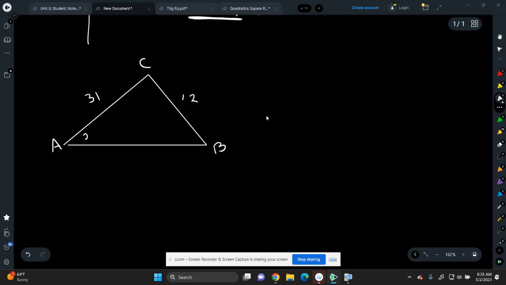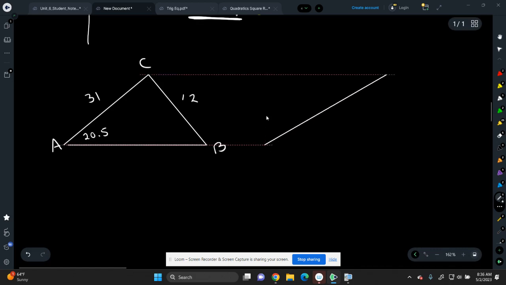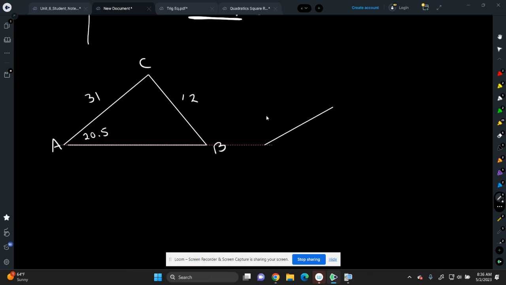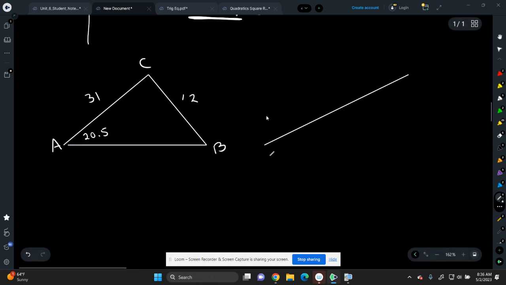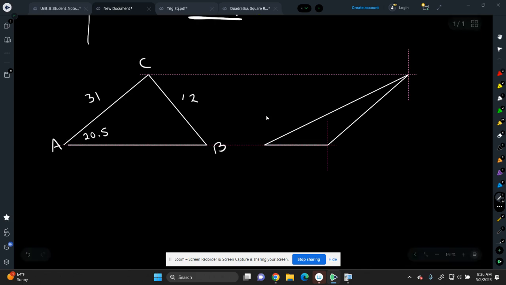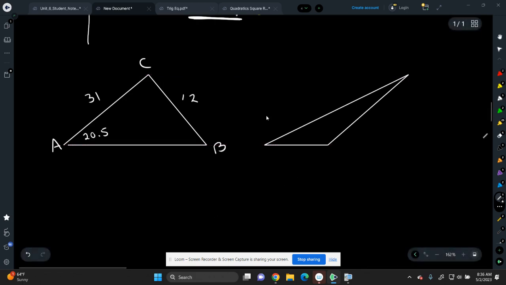Angle A is 20.5. So let's solve this triangle. So the question is, in addition to just that triangle, is there another triangle that fits that? Like maybe a triangle that looks like that? 20.5, 12, 31.